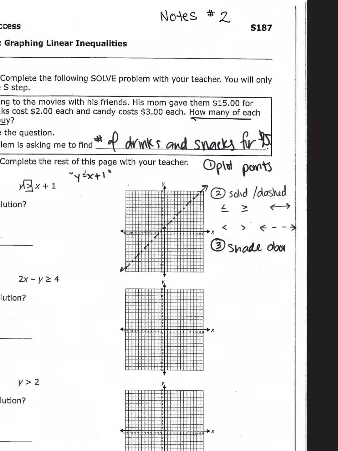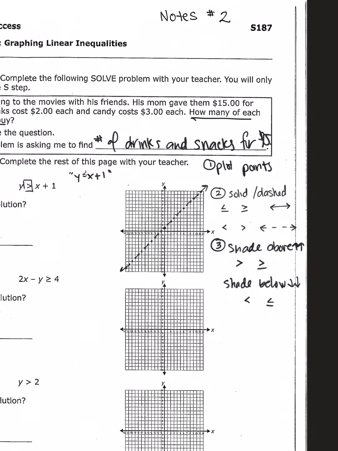So if we have y is greater than or greater than or equal to, we shade above our line. And we would shade below the line if we had y is less than or less than or equal to.